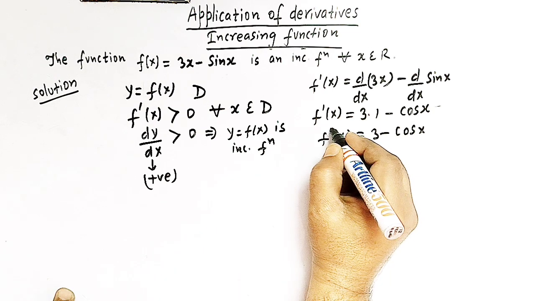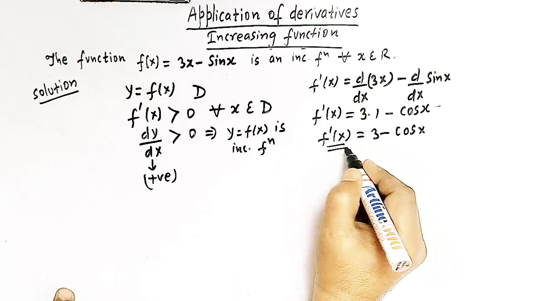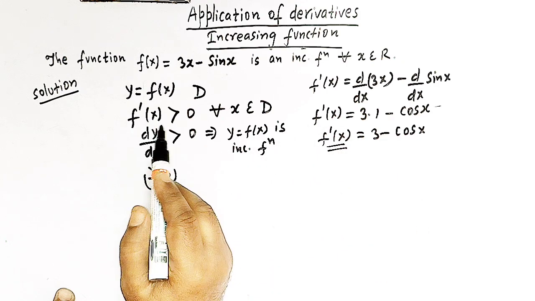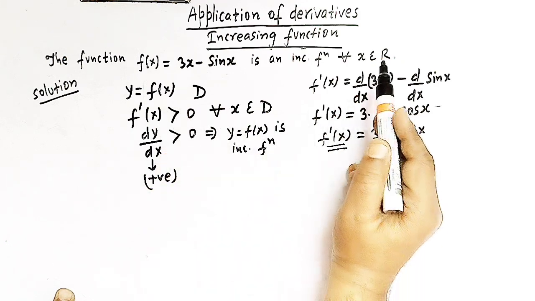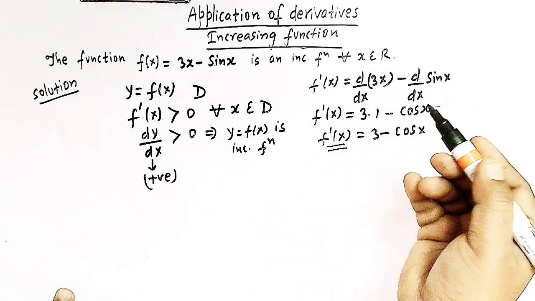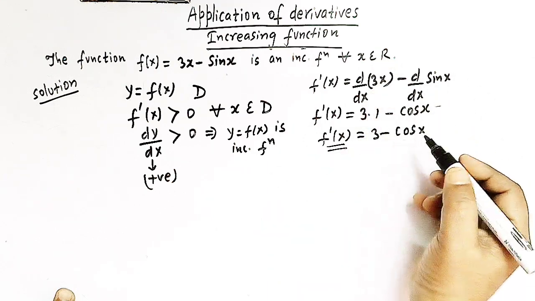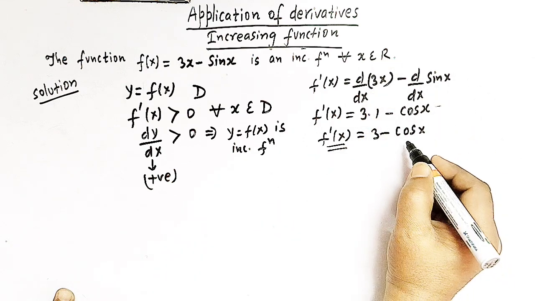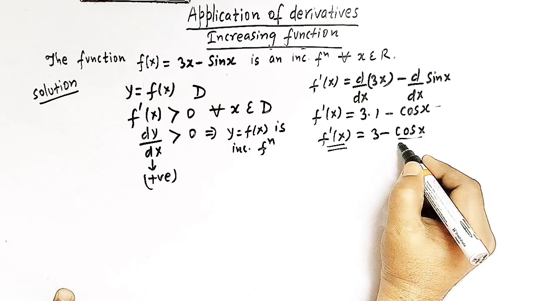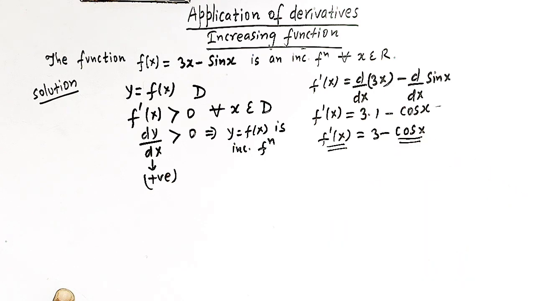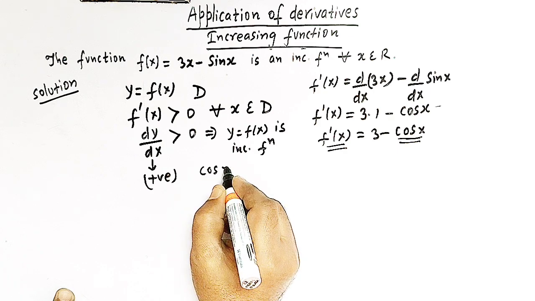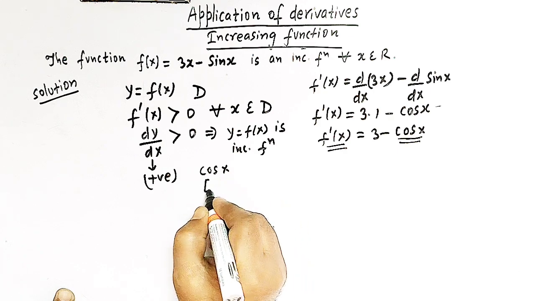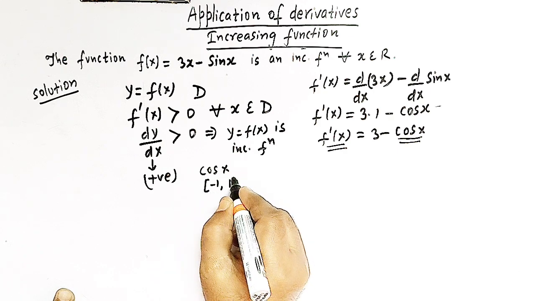So now we have to show that this derivative is always a positive quantity for all x belonging to R. So for this we have to take help from trigonometry. So here we have cosine x, and we know that the range of cosine function is given by this interval, that is minus 1 to 1.